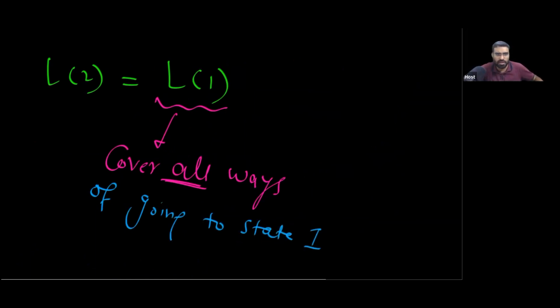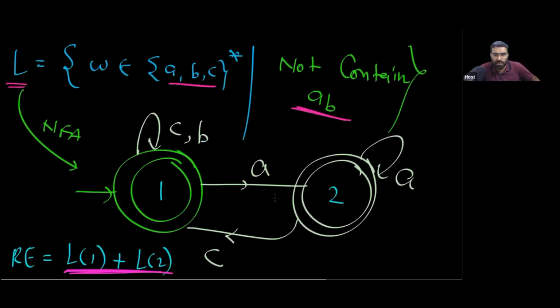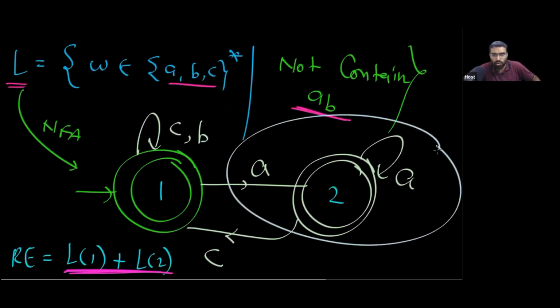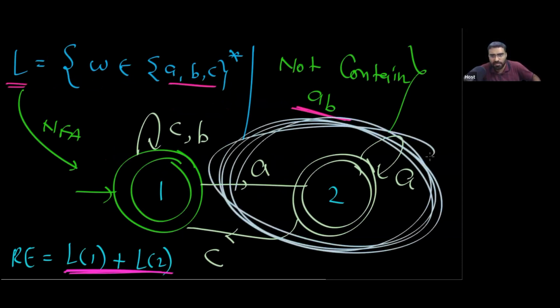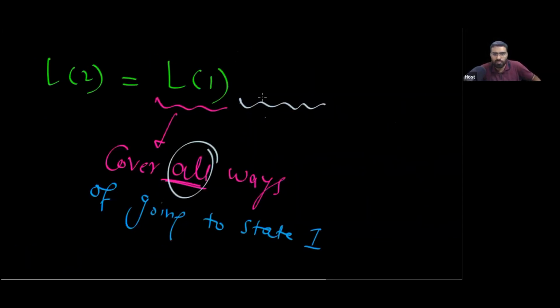Okay. Now you tell me. This is covering all the ways of going to state 1. Then what extra do I need to do to go to state 2? That will be A star. From state 1, I can go to state 2 by doing this extra A star. This is your L2.